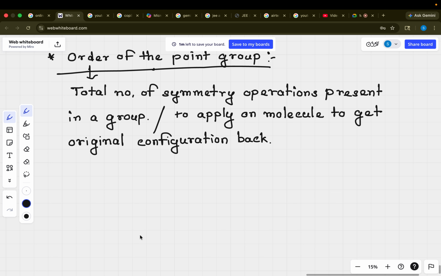So this is the thing. We have some formulas, and we will apply them.